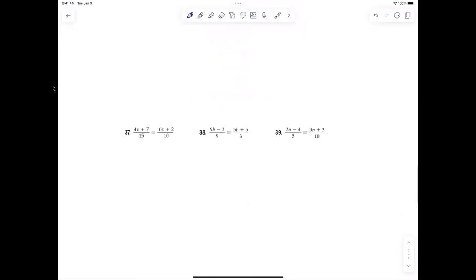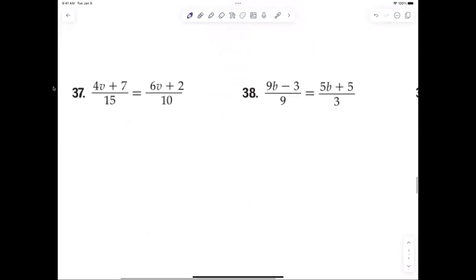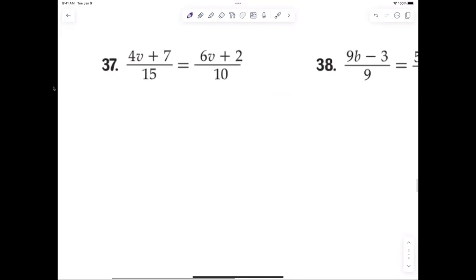All right, let's do 37 and 39. These are a little bit more annoying, a little bit more challenging. So we still cross multiply. 10 times 4v plus 7 equals 15 times 6v plus 2. Now, do I have to distribute?